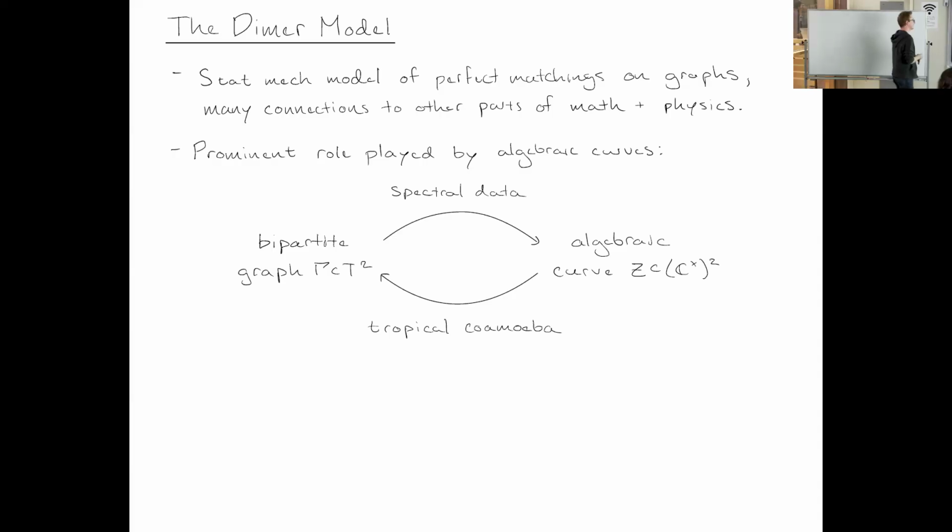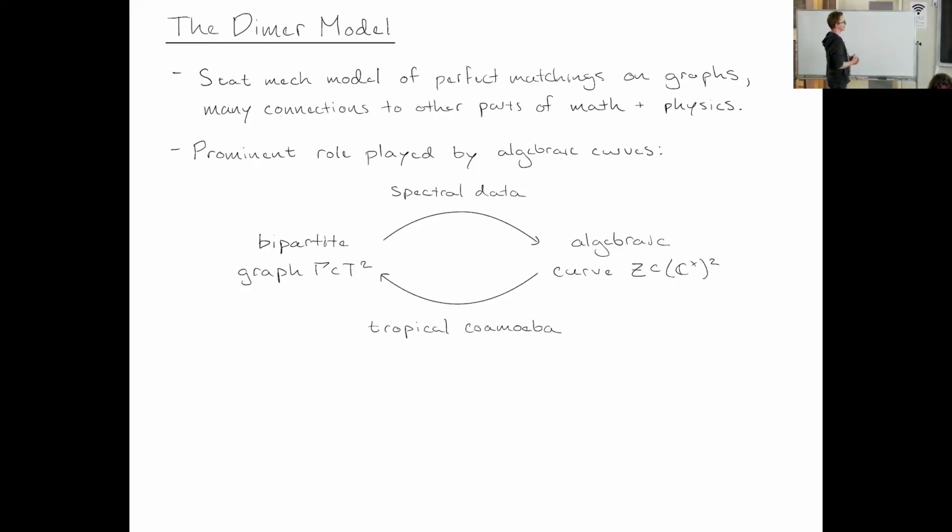And then a separate relation, though there are connections, is that if I have a curve in the algebraic torus, I can look at its projection to the real torus. So I take the arguments of each of its coordinates. That gives me a way of projecting from C star squared to T squared.